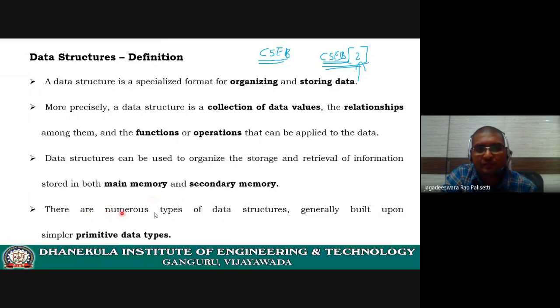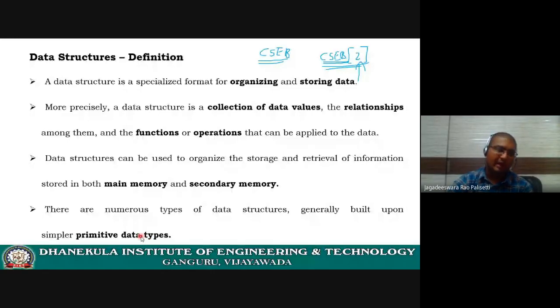There are numerous types of data structure, generally built upon simpler primitive data types. You should know what is meant by primitive data type. In C programming, you already know primitive data types: integer, float, char, string.